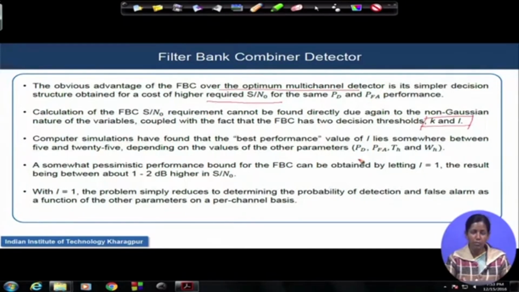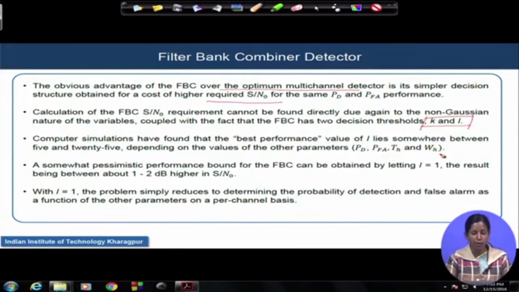but the base performance can be found by computer simulation, and we could see that the value of L, the last threshold, lies somewhere between 5 and 25, depending on the values of the other parameters: of course, the detection probability to be ensured, the false alarm to be ensured, the time of hopping and the bandwidth of the hop.